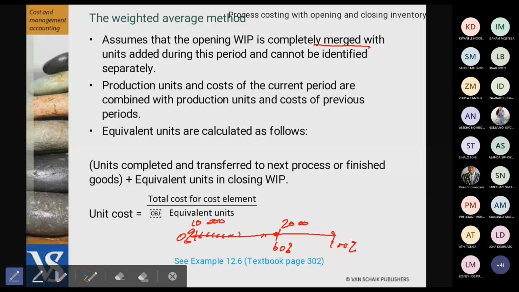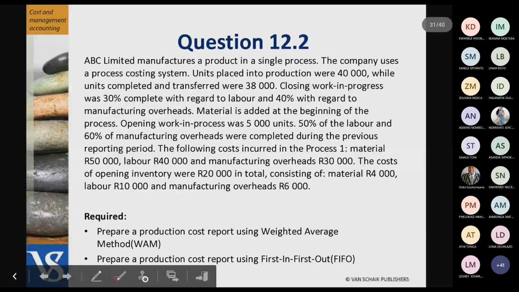Equivalent units are calculated as follows: your units completed and transferred to the next process or finished goods, plus your equivalent units in your closing work in process. So basically you need to just add a bit of that weighted average principle that we have. Okay, now let's look at the question that is going to assist us to explain what we are talking about when we look at the practicality of it.